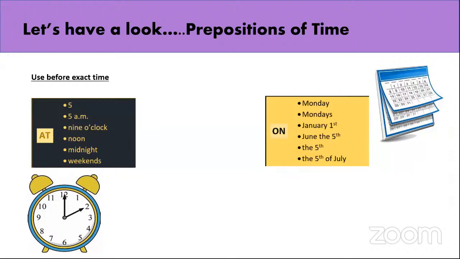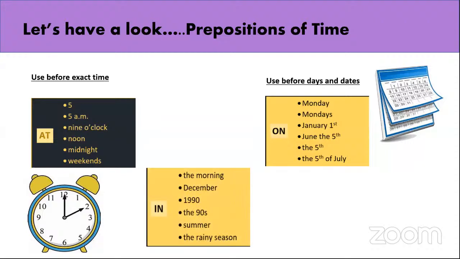So this on you have also used as a preposition of place. But here it is a preposition of time. We use it before days and dates. Monday, Tuesday, Wednesday, those are days. Dates, 1st, 2nd, 25th, like dates.